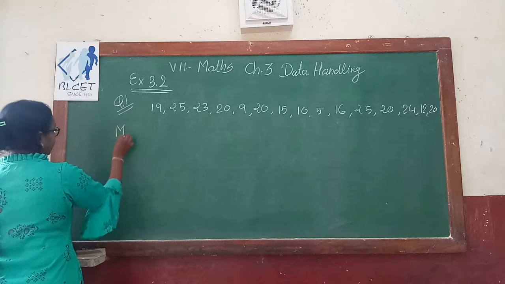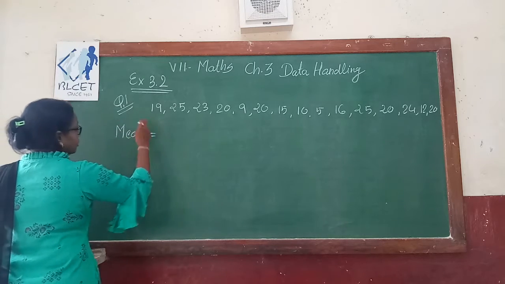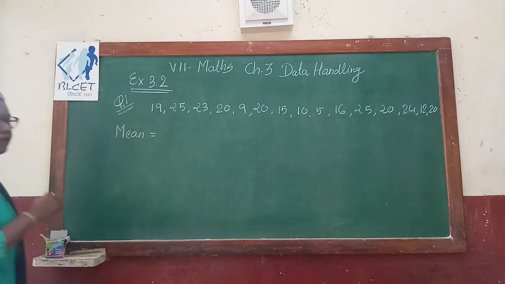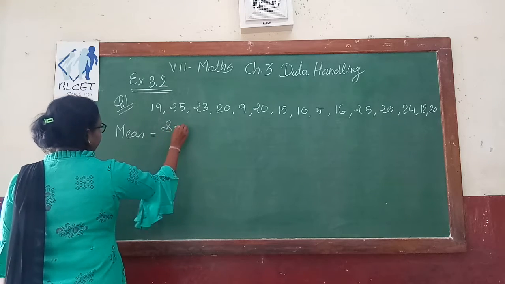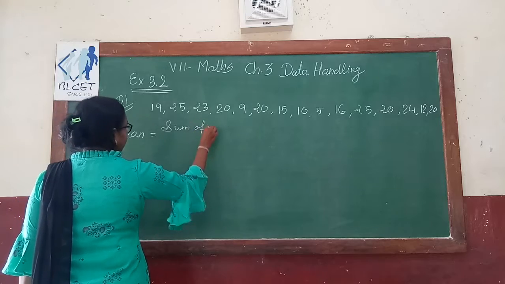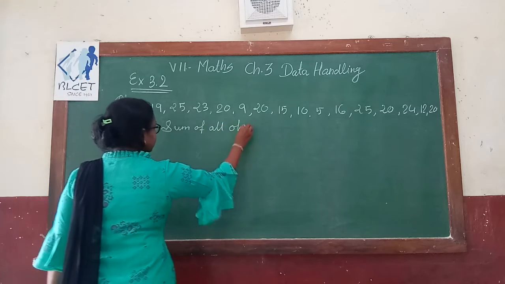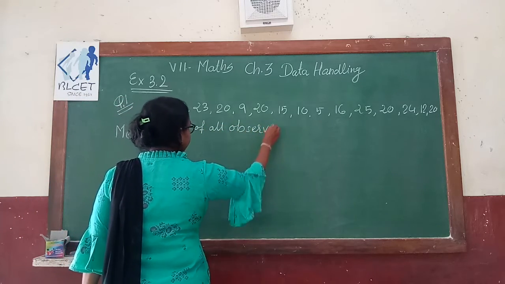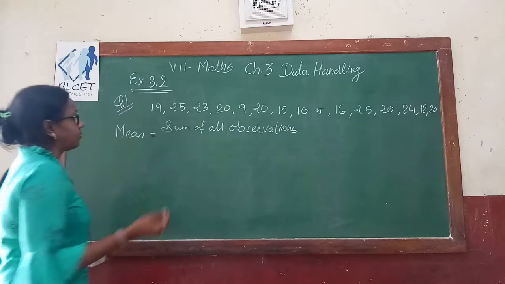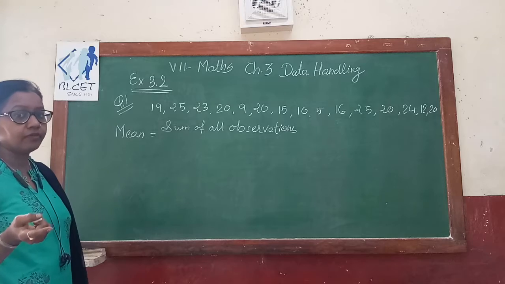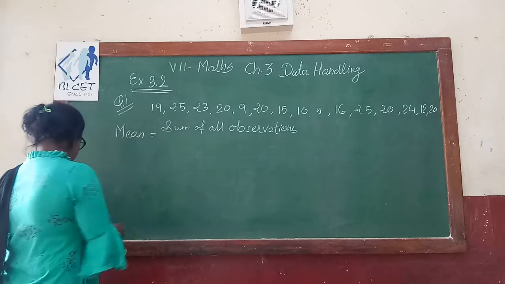So mean is equal to what? The sum of all these observations divided by the number of observations. So you can write the formula: sum of all observations, and in place of observations you can write sum of scores, all the scores.